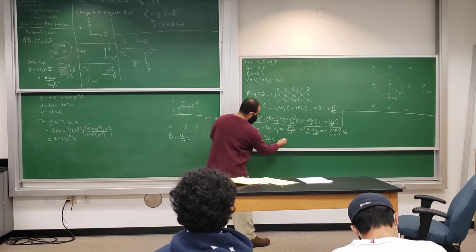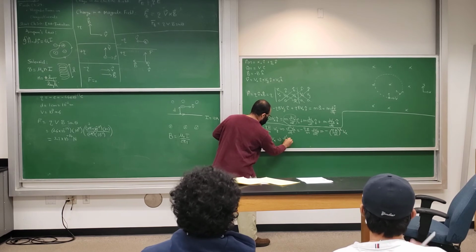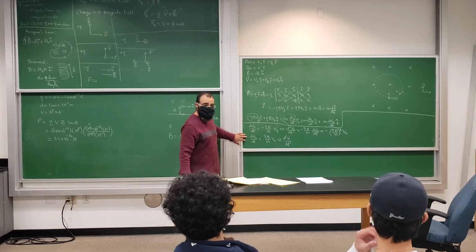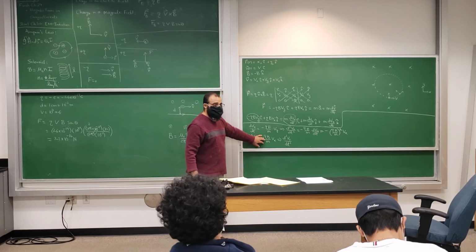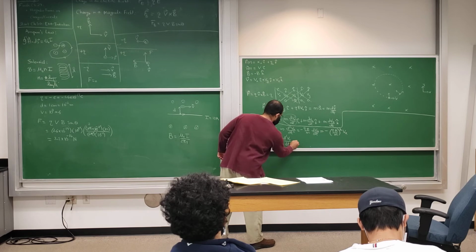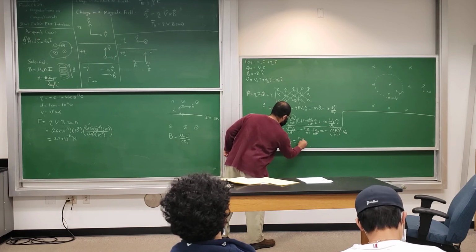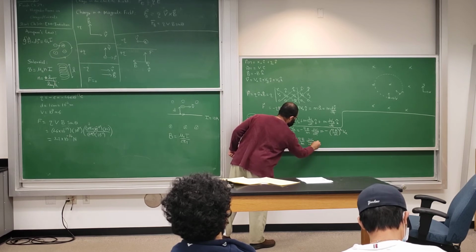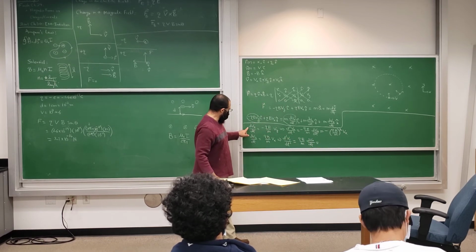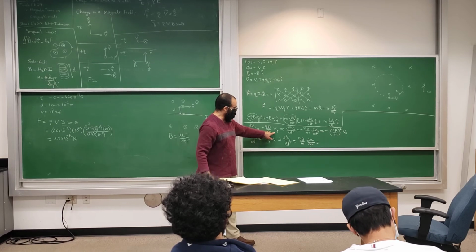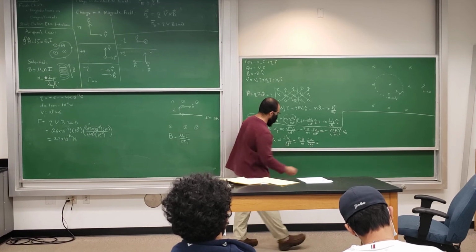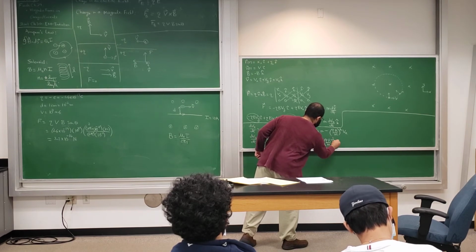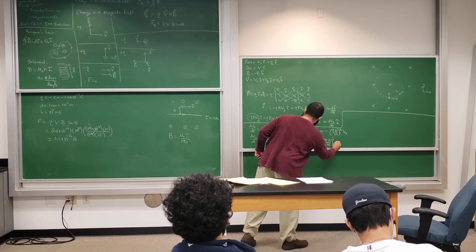So you get the second derivative of vy, d²vy/dt², right? And then the derivative of this with respect to t. So you get qB over m dvx/dt. But dvx/dt is minus qB over m vy. So when you replace it, you will get minus qB over m squared vy.